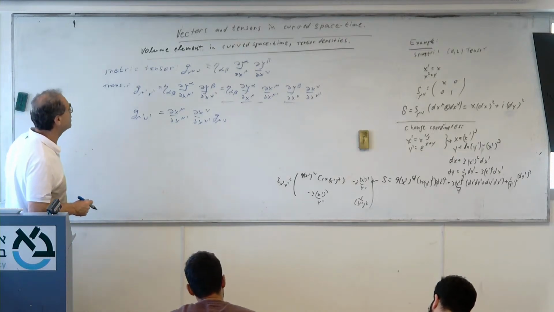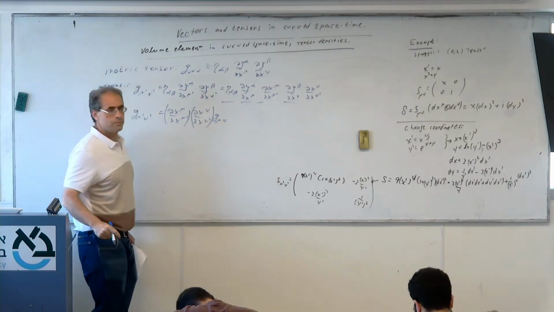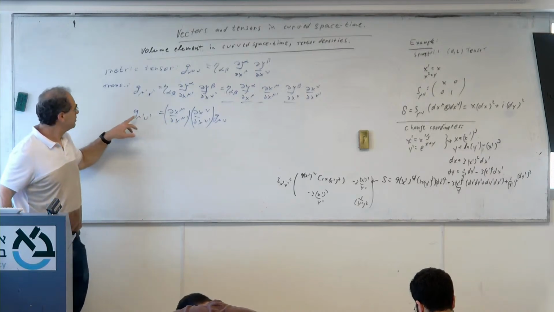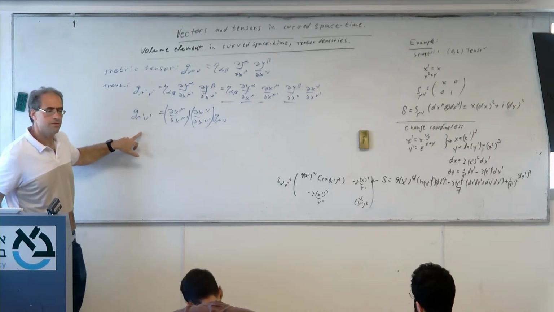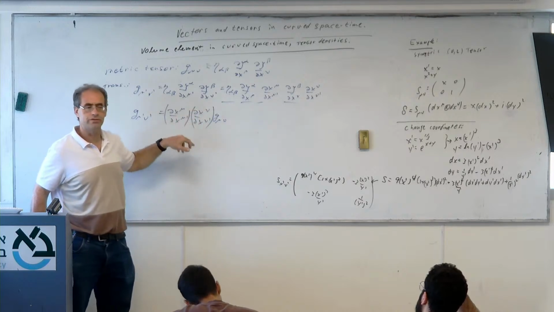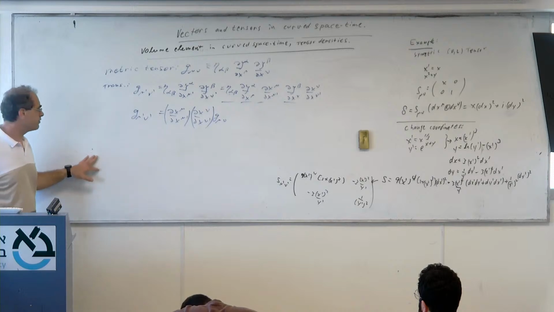So this is a covariant tensor, right? See the transformation law of the coordinates. This is g expressed in the new coordinates. How do I relate it to g expressed in the old coordinates? You just take the derivative of the coordinates. Obviously, this is a covariant tensor.